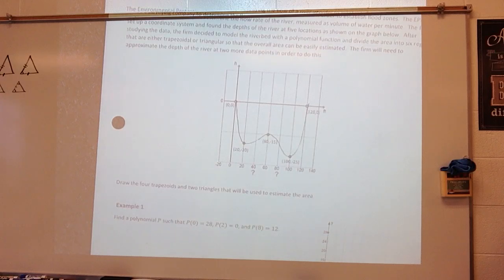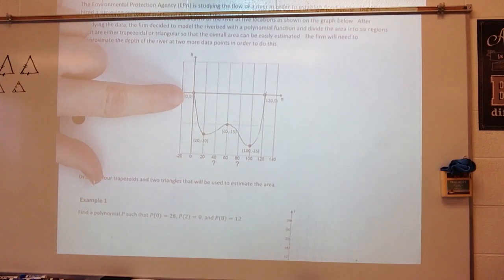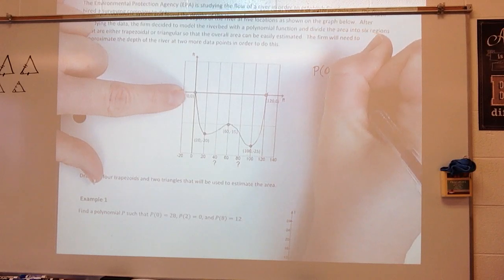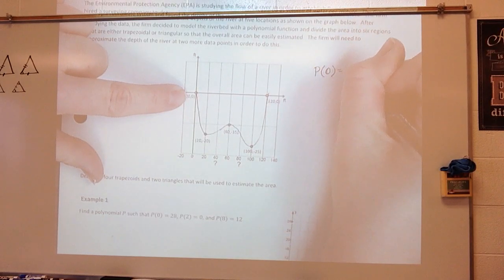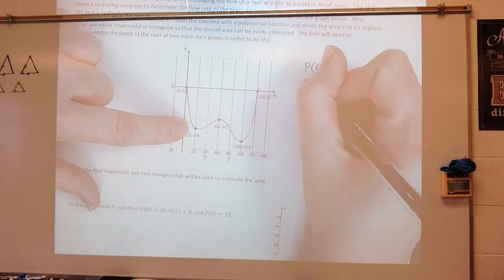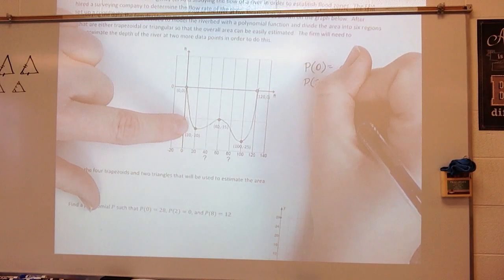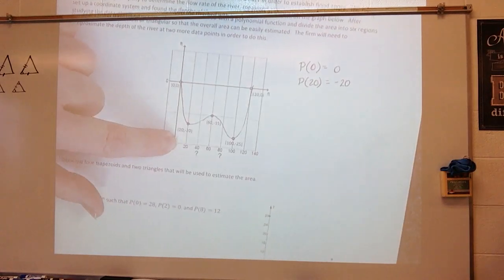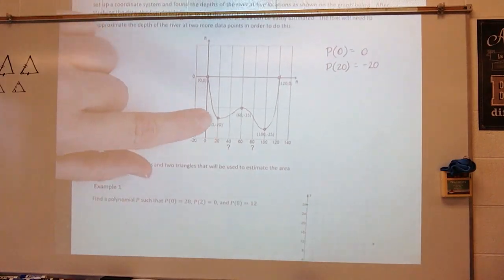Alright? So, what are our constraints? In other words, what do we know about this? Well, we know that when x is 0, p of 0 is 0. We know that when x is 20, p of 20 is negative 20. All I'm doing is listing what I know.